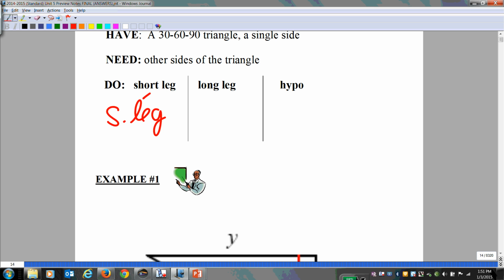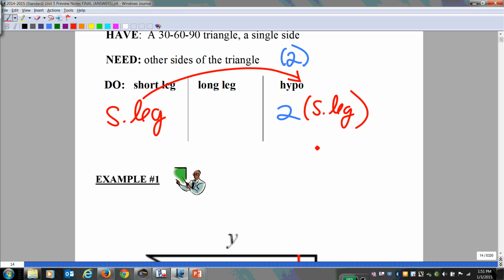The short leg to the hypo, you simply times by 2. So the hypo is always 2 times the short leg. The long leg is the short leg times root 3.